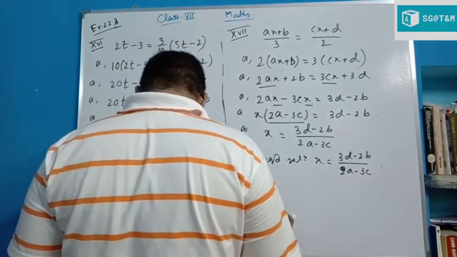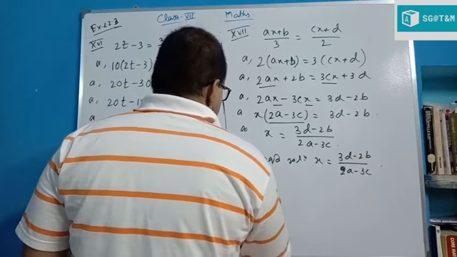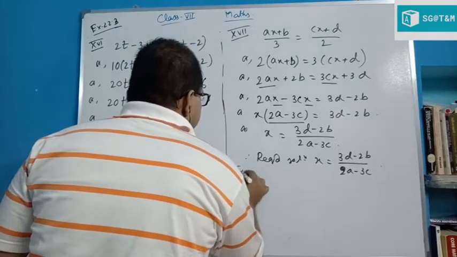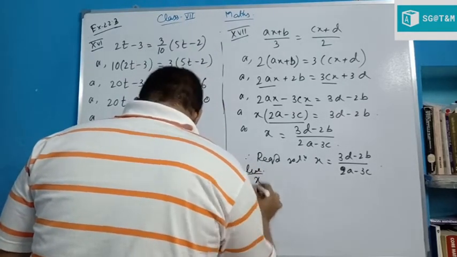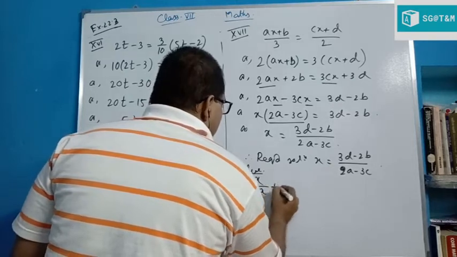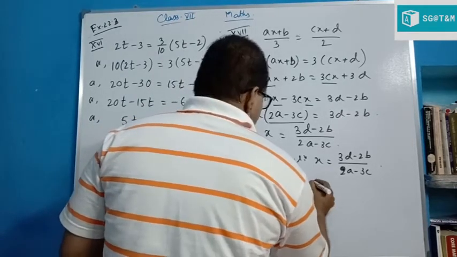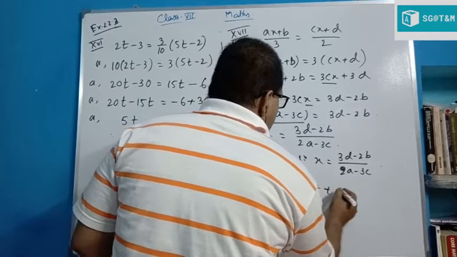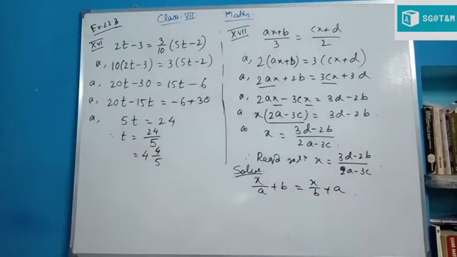I give you another problem in terms of a, b. This is solve for x. Solve x by a plus b, that is equals to x by b plus a. In this case also, you can find x in terms of a and b.